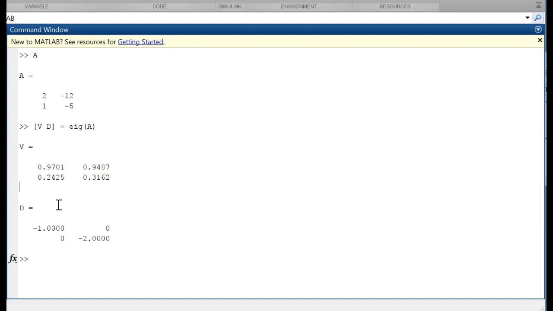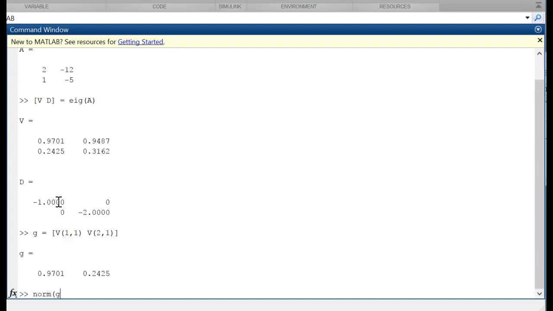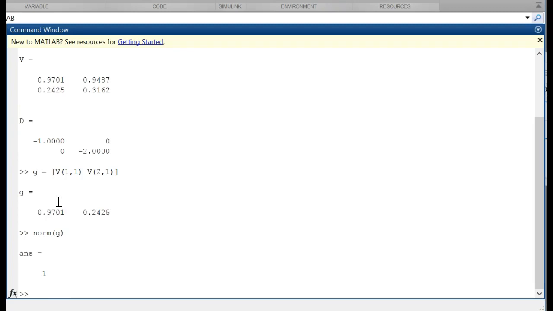So if I make a vector, let's call it G, where I take the 1, 1 element of V and then the 2, 1 element of V, and I norm G, you see that it has a magnitude of 1. So that's a unit vector. Now the trick is, if that's the unit vector, then how do I get to see this as the vectors that I found?